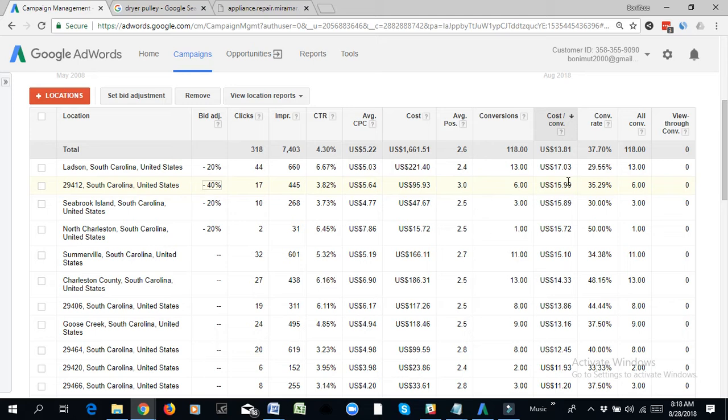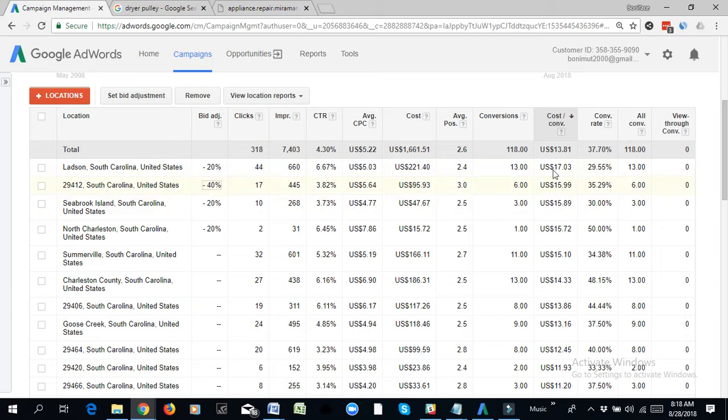Maybe I think it was in the range of 25 and upwards when we applied this one. So it could have been that after applying this one we got some more clicks or more conversions, and now our cost per conversion is coming down as a result of applying these negative bid adjustments.